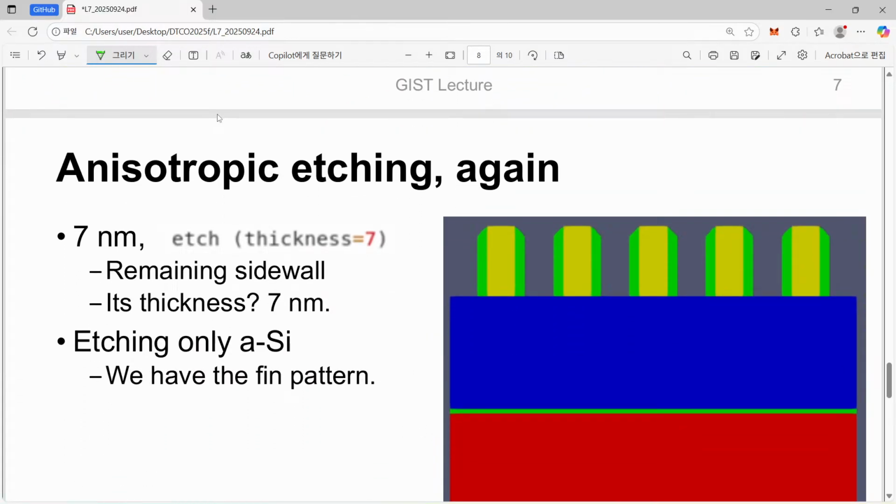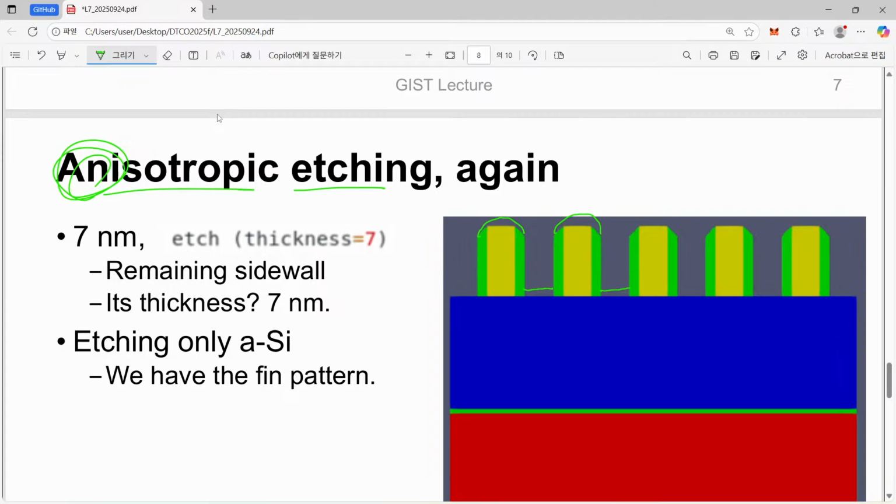Etching is done. However, this etching is anisotropic etching. So by doing so, previously our shape looks like this. But this original 7 nanometer is gone by our anisotropic etching.